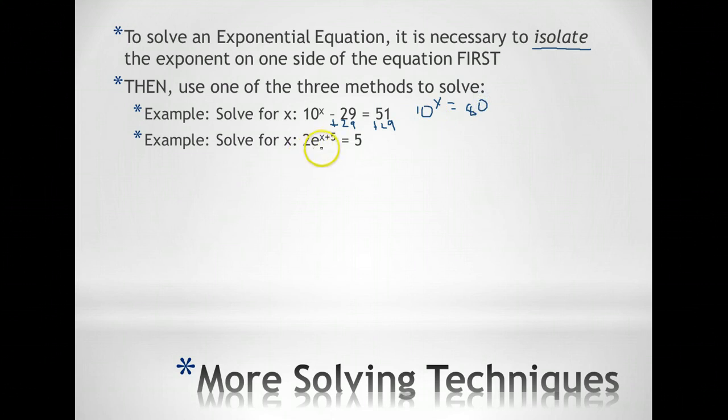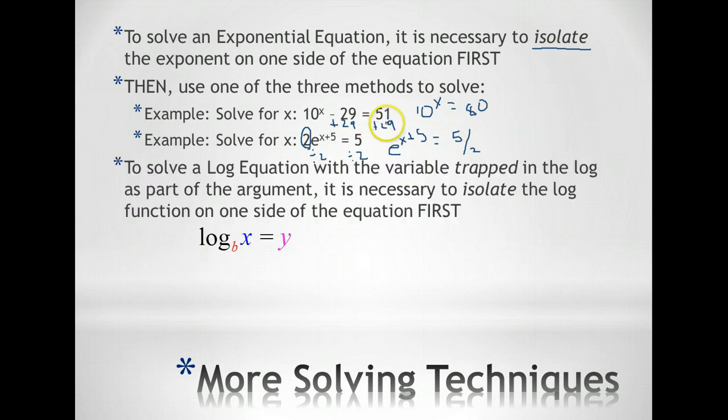For this one, you might say, oh, it is all by itself, but it isn't because I have this coefficient of a 2 in front. So I would first divide both sides by 2 to get the exponent all by itself. So I'd have e to the x plus 5 equals 5 halves. Once I have it in this form, then I could use one of those first three methods to solve.